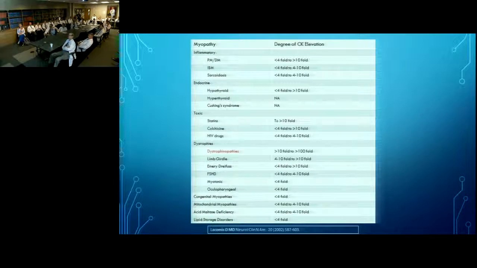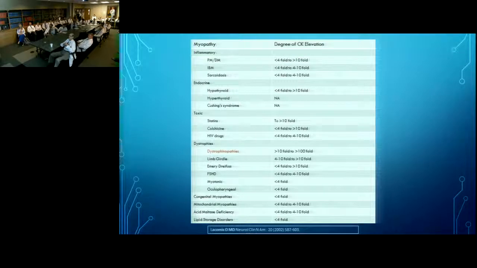But unfortunately, the only strong association between a CK level and the specific form of myopathy is present in dystrophin deficiencies, or dystrophinopathies. In Duchenne and Becker muscular dystrophy, the CK levels can go up as high as 100-fold of upper limit of normal, and it can also go up to more than 10-fold in other forms of muscular dystrophy like limb-girdle and Emery-Dreifuss.